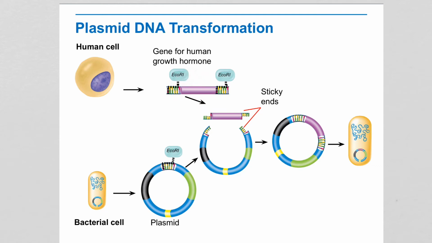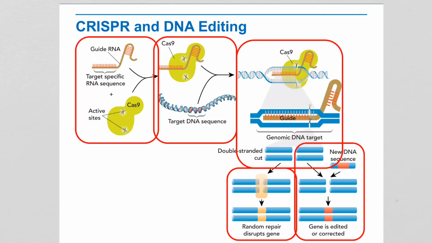That's another drug that we can purchase that is grown this way. We cut those up with the same restriction enzyme and mix them together. You get a new plasmid, and then we put it into a bacteria, and the bacteria is going to grow lots and lots of copies, and all those copies are going to have that human growth hormone in it.